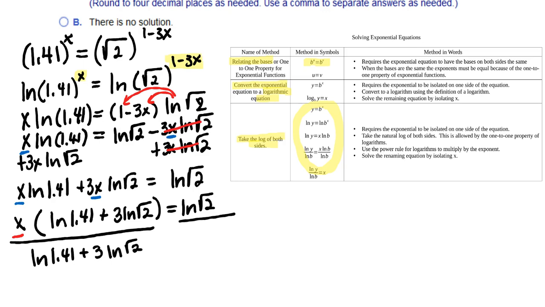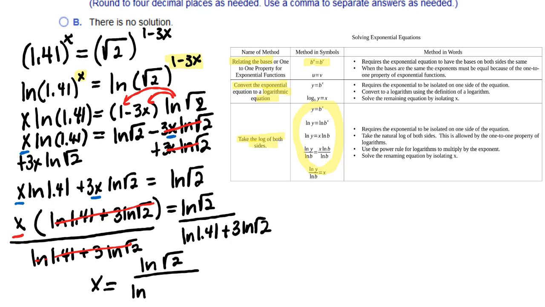I'm going to do the same thing on the other side of the equation to make sure I balance. So that's going to cancel out this whole parenthesis, leaving me with x by itself on the left. On the right, I have natural log square root of 2 over natural log 1.41 plus 3 natural log square root of 2.